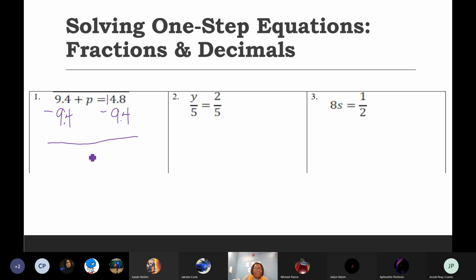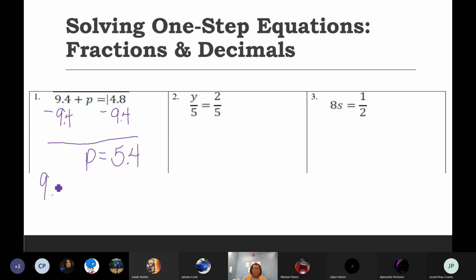So let's see if our P was correct. With your calculators, please put in 14.8 minus 9.4. What's our difference? I got 5.4. Okay. So P is 5.4.